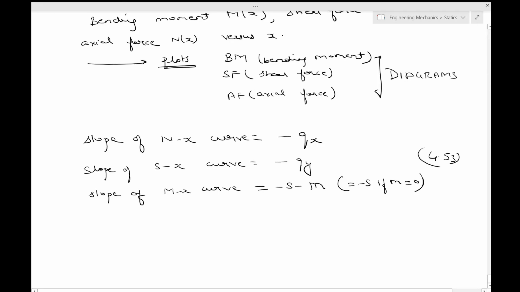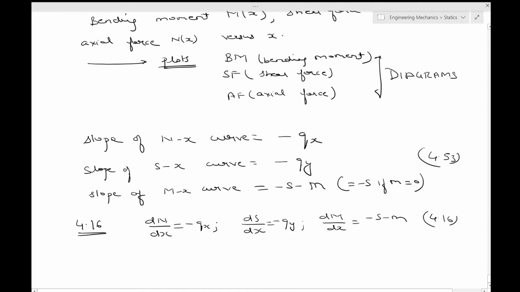For any part of a bar, we had derived dN by dx is equal to minus qx, dS by dx is equal to minus qy, and dM by dx is equal to minus S minus m. This was 4.16, and this was true as long as there was no discrete load on the segment.